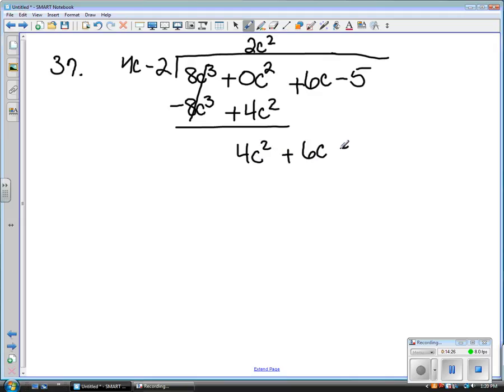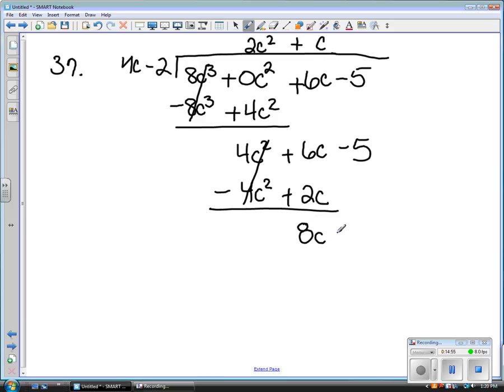I'm going to bring the other things down. Now, 4c squared divided by 4c is just c, right? So what is 4c times c? And c times negative 2. I want to do the opposite because I want to subtract them. This cancels. 6c plus 2c.